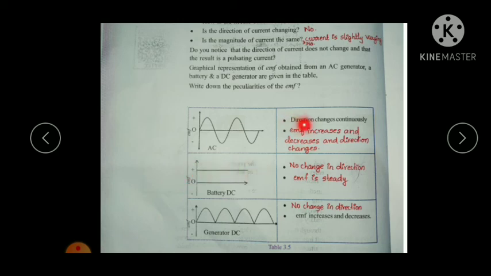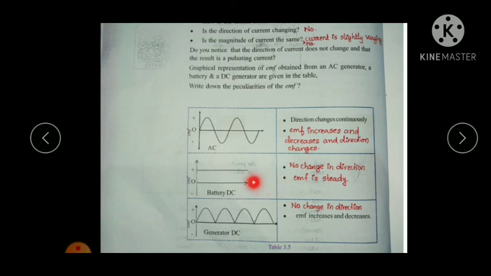So here you can see the direction changes continuously. So during every half rotation, direction changes continuously. EMF increases and decreases and direction changes. So from here to here, EMF increases, then decreases, again increases, then decreases. So EMF increases and decreases during every half rotation.